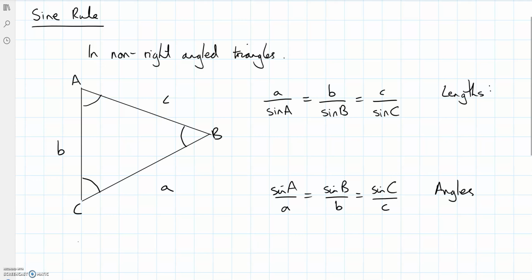And remember, in all these formulas, the capital letters all represent the value of the angles, and the lowercase letters always represent the values of the lengths.